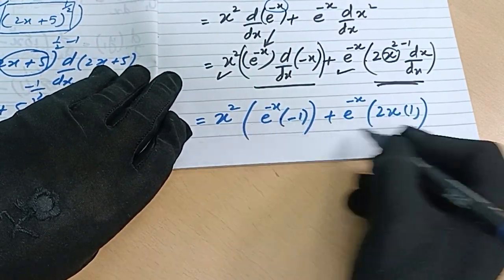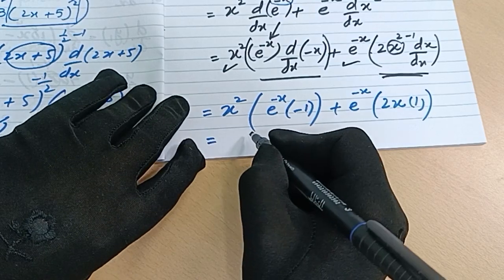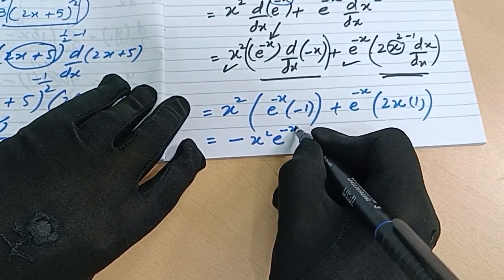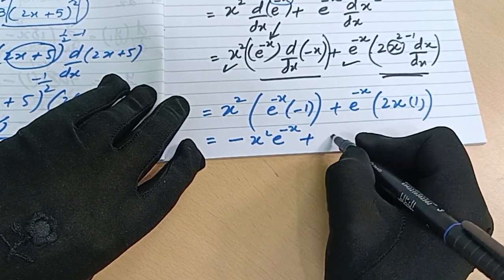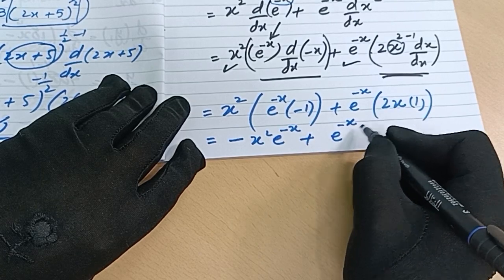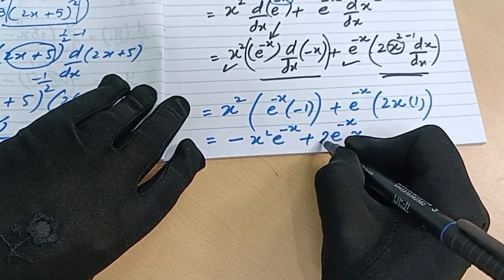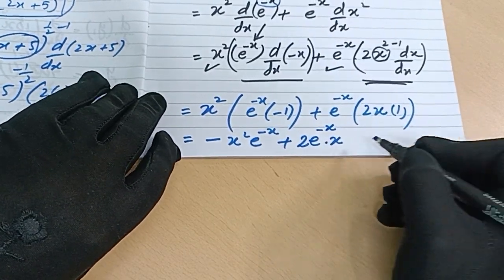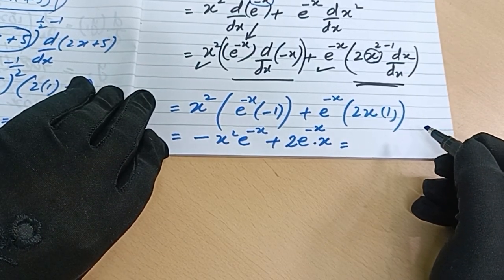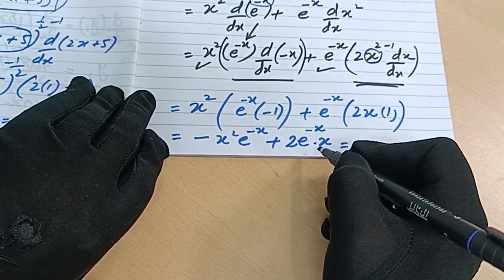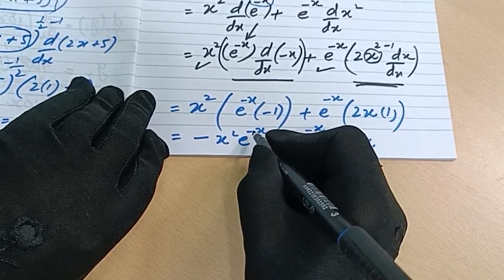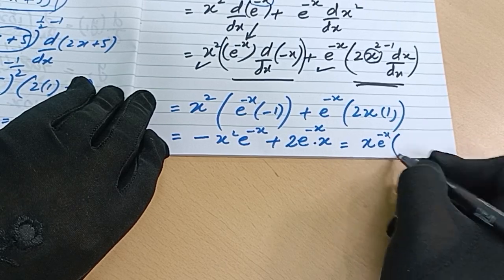In both of these terms, if we keep on solving a little bit more, a minus sign can come before x square e power minus x, and this is positive e power minus x and 2x. Can we write the coefficient before like this? So finally, instead of going to the next page, I want to complete this expression here: x can be common, e power minus x can be common.